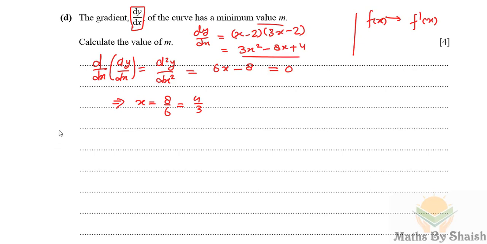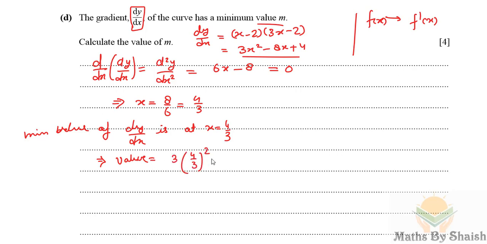So the minimum value of dy over dx is at x equal to 4 by 3, and hence this is going to be 3 times (4 by 3) square, minus 8 times x, that is 4 by 3, plus 4.